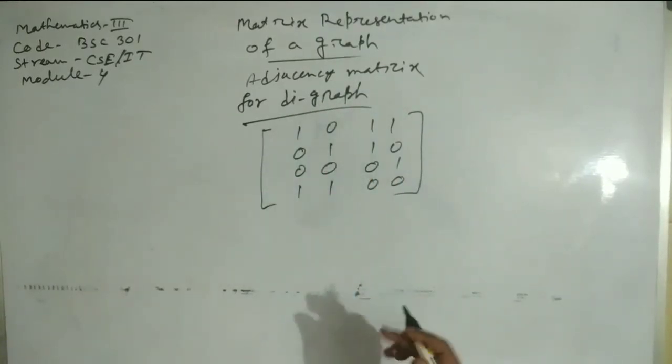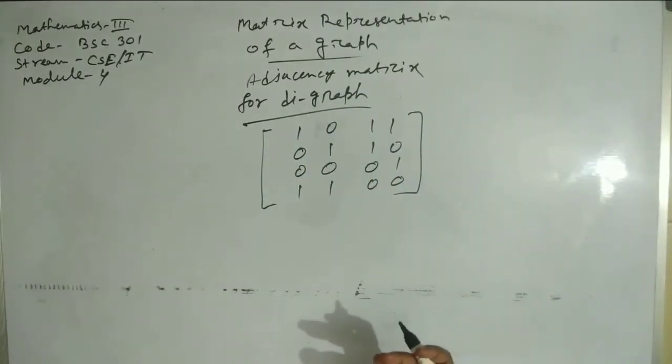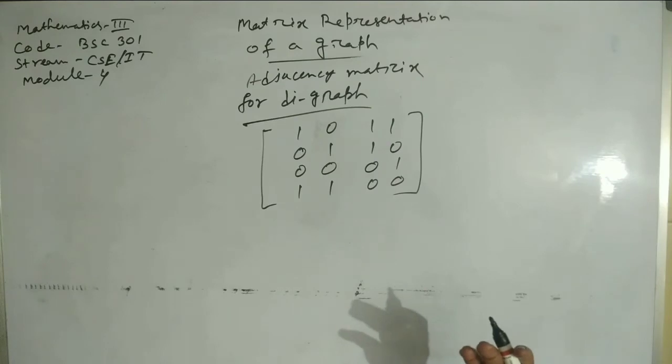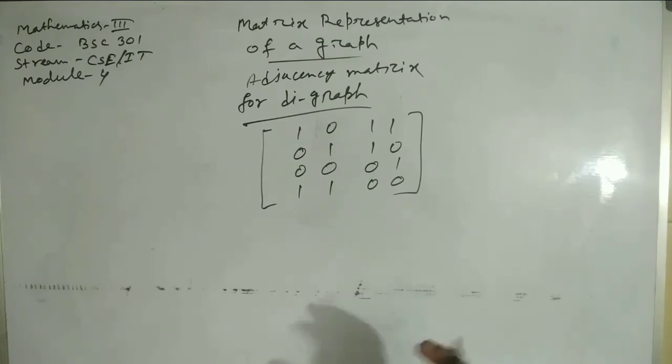It will always be mentioned whether it is an adjacency matrix for a graph or a digraph, or just by watching you can understand that if the matrix is not symmetric, then it can't be an adjacency matrix for an undirected graph.